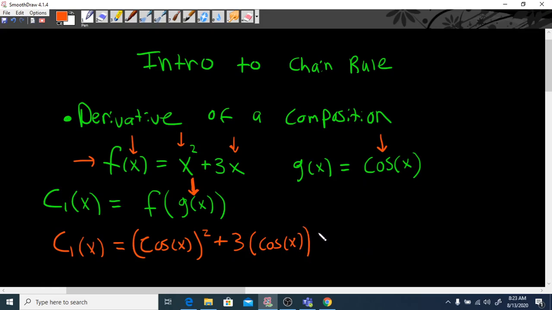And then we can write this in a slightly different, more efficient way: cosine squared x plus 3 cosine x. So we still have something squared plus 3 times something, except instead of that something being x, that something is cosine. So this is what a composition is.